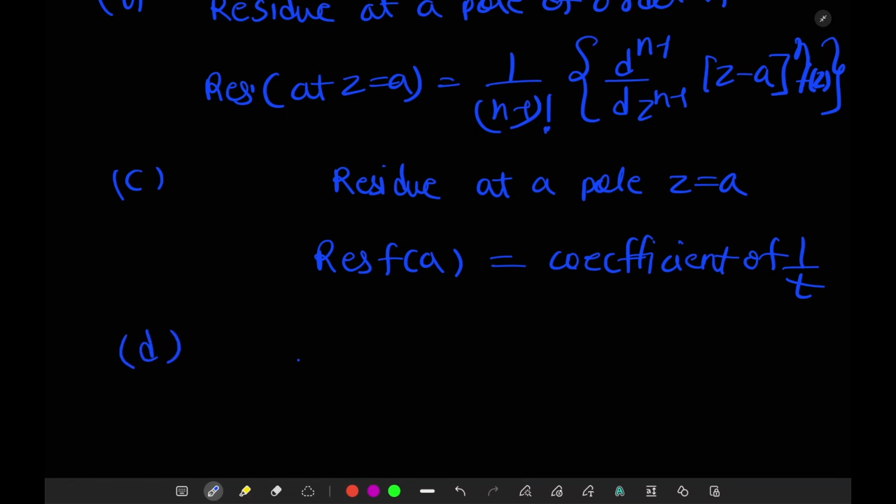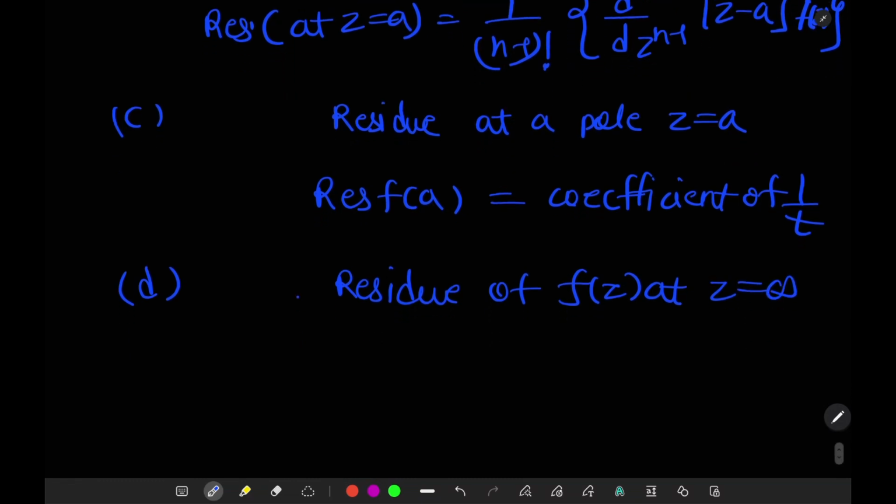Now, if the residue of f(z) is at z = infinity, then the residue equals the limit as z tends to infinity of minus z f(z).